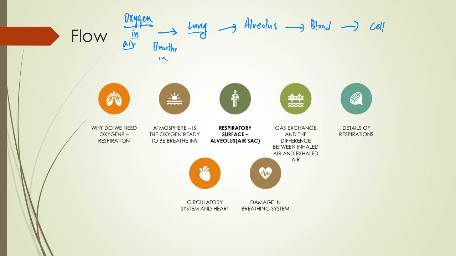Starting from the next video, we're talking about the alveolus, which is a part still inside the lung, and how the oxygen is diffused into the blood, because in the end we want to bring the oxygen into the cells. So far we've completed this part and this part. Next video we're going to talk about how the oxygen gets into the blood.